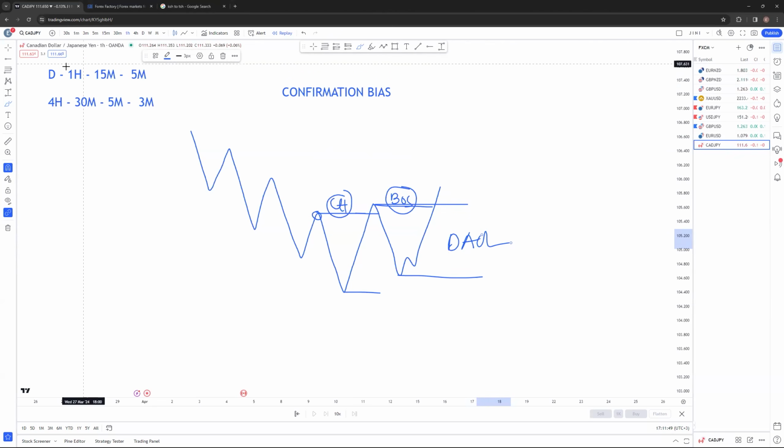Which time frame? 1 hour time frame. In order for us to say this market is coming to this area, we have to see that in the 1 hour time frame we also have the matured shift, which is change of character and break of market structure.